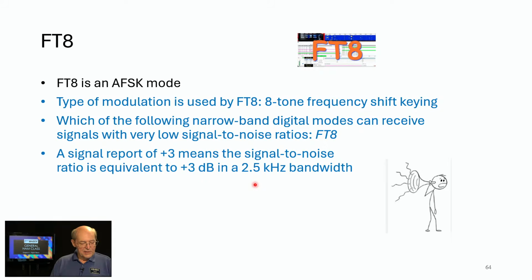Because FT8 is only 50 hertz wide, you get a tremendous advantage right off the bat by its being so narrow. The other advantage is it's so sensitive in its decoding. So in terms of recognizing this in the pool question, it's a ratio equivalent to +3 dB in a 2.5 kilohertz bandwidth, compared to a single sideband space.